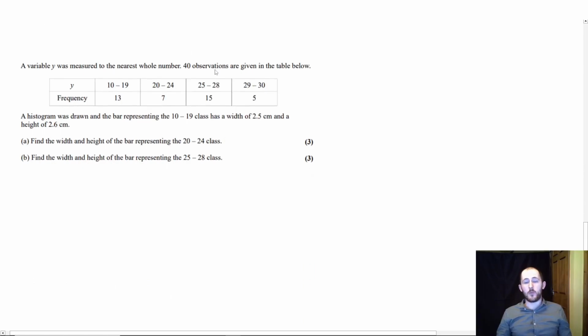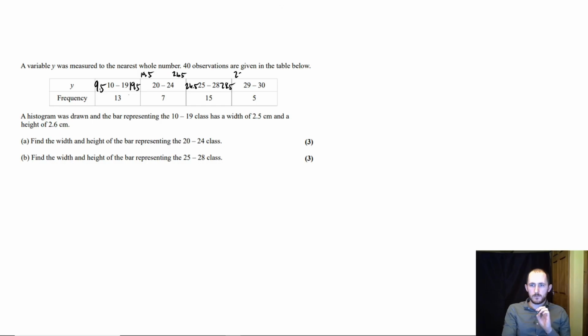So again, we have a variable y that is measured to the nearest whole number. So again, what we need to do is go through and add the correct class widths, or the boundaries. There we go, okay.